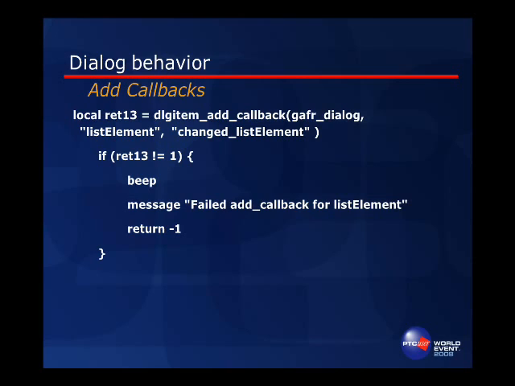So basically, a dialog item callback is one of those things that ACL just hands you. And when you specify a callback, that callback is going to know what event happened to call it. Next page, please.